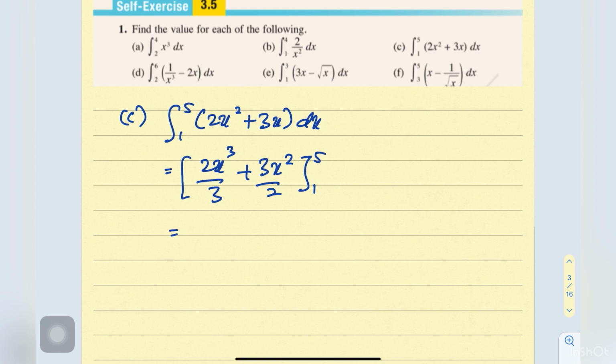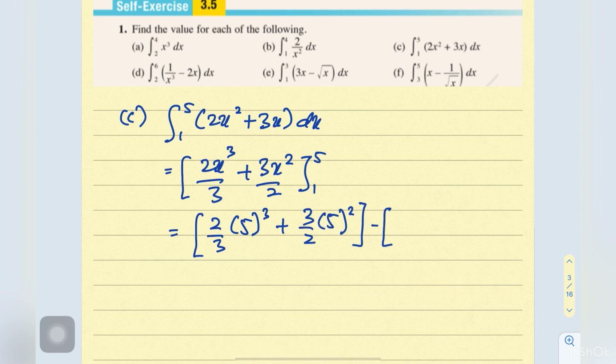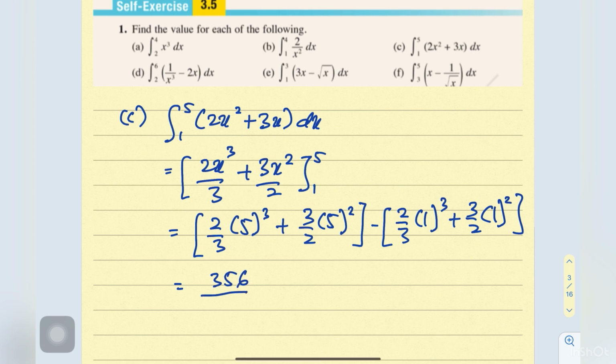So you substitute the upper limit: 2 over 3, 5 cubed plus 3 over 2, 5 squared, minus 2 over 3, 1 cubed plus 3 over 2, 1 squared. So here the final answer would be 356 over 3.